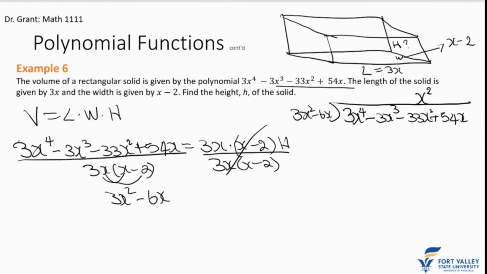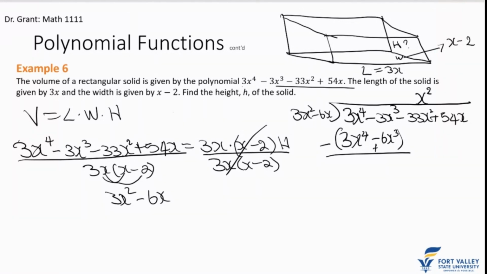So x squared times 3x squared is going to give me 3x to the 4th. x squared times a negative 6x is going to give me negative 6x cubed. I'm subtracting. This sign will change.